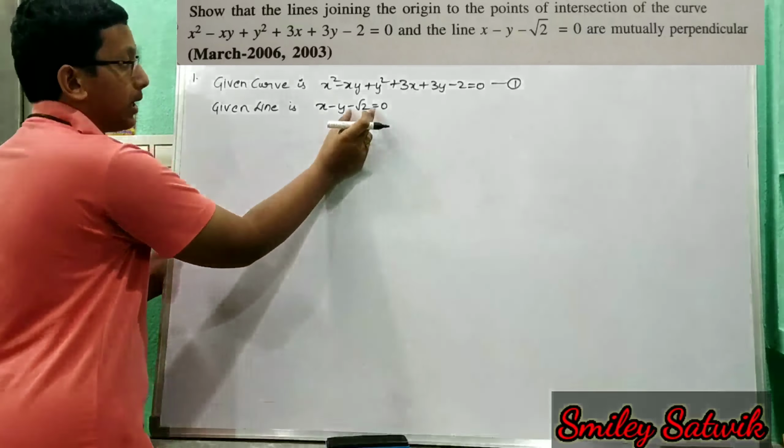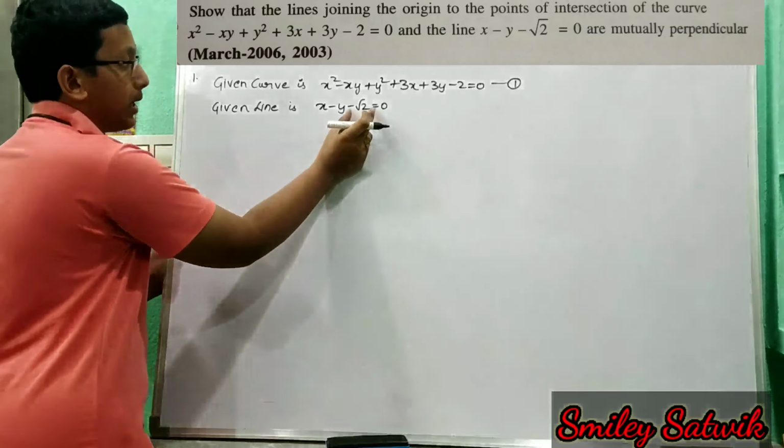After writing this, take equation 1 and write it as it is: x square minus xy plus y square plus 3x plus 3y minus 2 equal to 0. Now 3x can be written as 3x into 1, in the same way 3y as 3y into 1, and minus 2 as minus 2 into 1 square. I only multiplied 3x and 3y by 1 and the constant by 1 square.